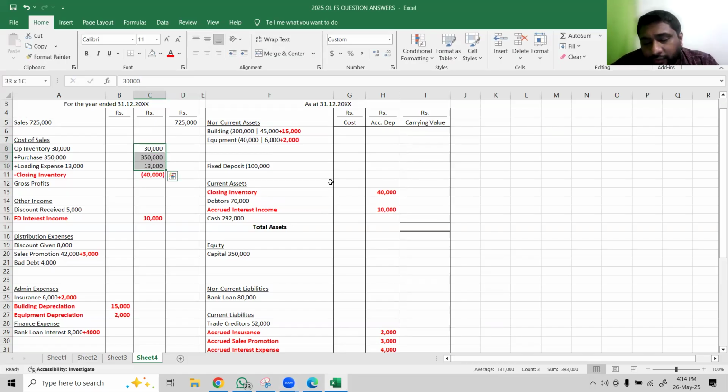The addition of 30,000, 350 and 13,000 gives 393, which we will call inventory held for sale, along with the unwanted things.